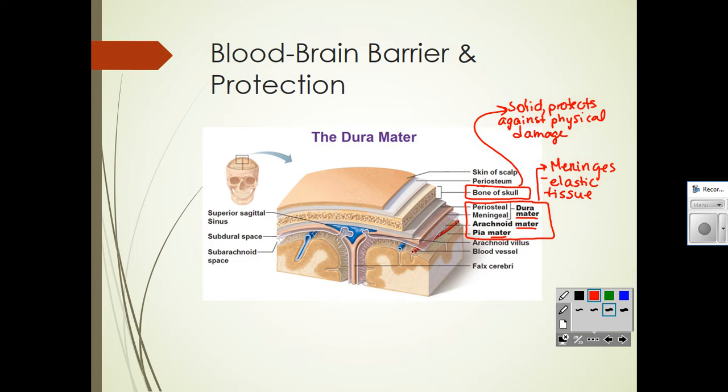So there's a layer that's closer to your bone, one in between, and then one that covers the surface of the brain. But this elastic tissue provides a barrier between brain and blood.